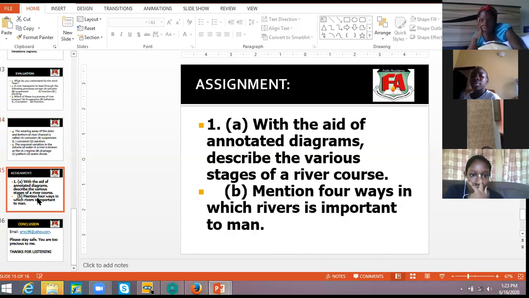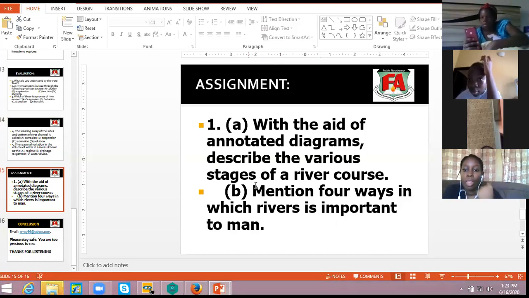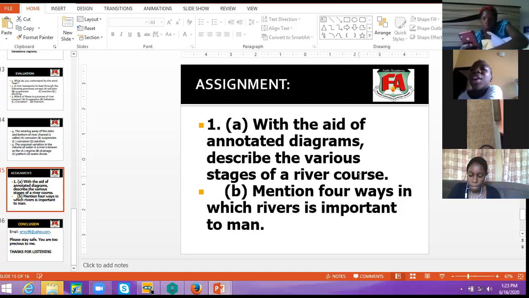Now look at this assignment on this slide. With the aid of annotated diagrams, describe the various stages of a river course. Ma'am, what's the meaning of annotated?